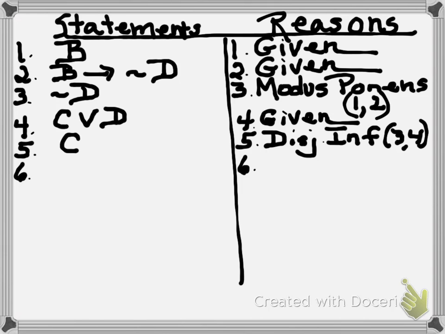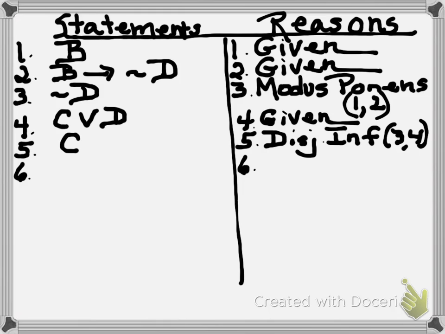Because if I look at C implies not G, that's the contrapositive of the original. And remember from last week when we did truth tables, the contrapositive is logically equivalent to the conditional. Therefore, not G is the conclusion by modus tollens.